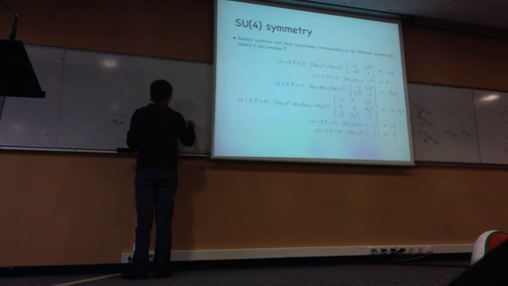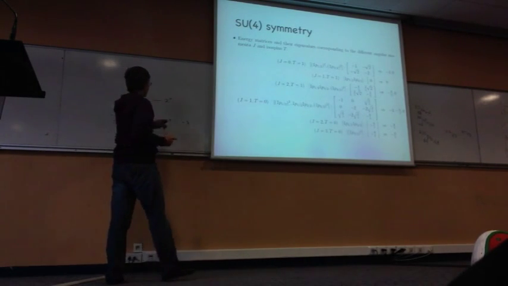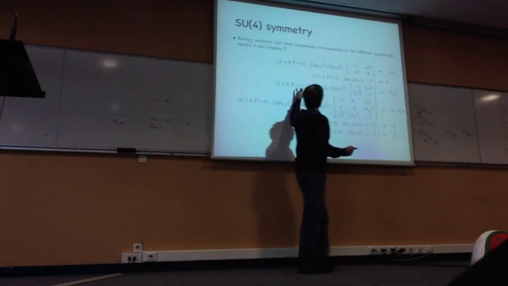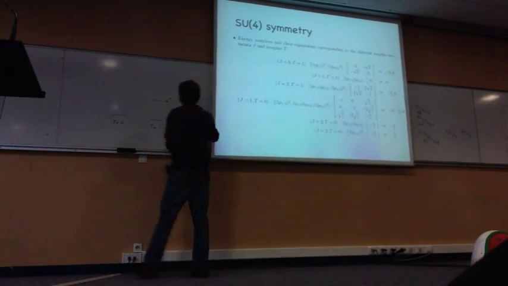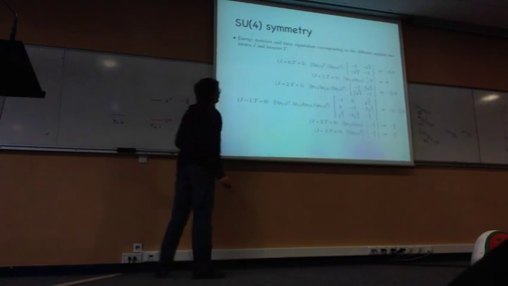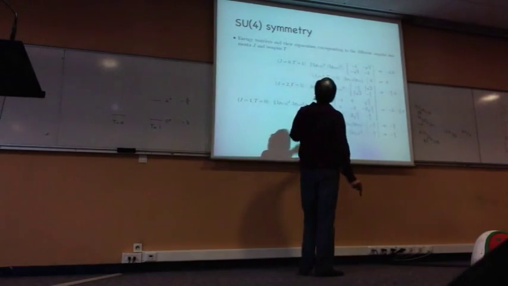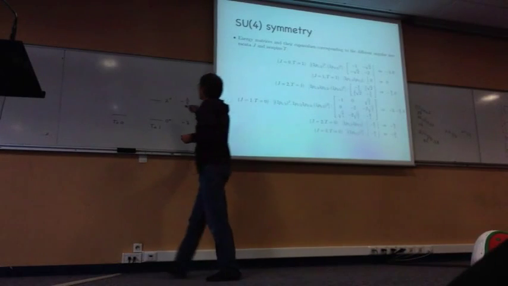Here the energy is -3 in units of the strength of the interaction. The energy of the 2 plus here is, I found, -6/4. And then there is a final state with T equals 1, is this one, which is at 0.